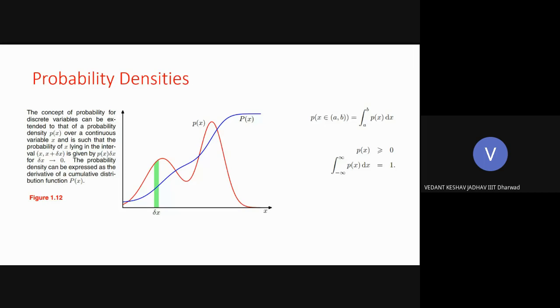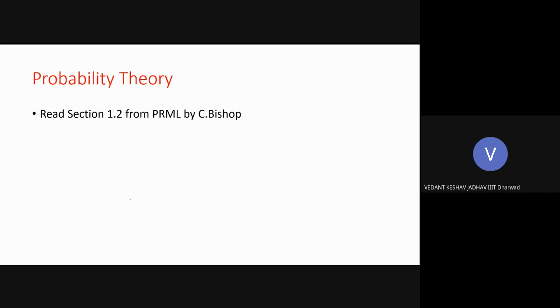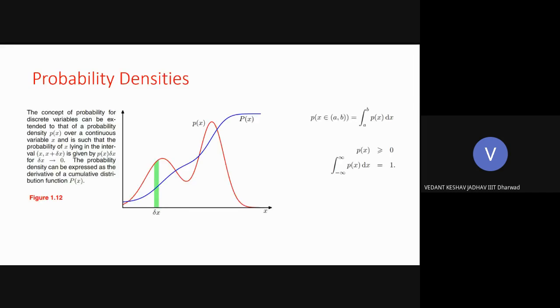So now in this, just go through section 1.2 of PRML by Bishop. Now this is probability densities, and I hope, not hope, I know that you know all these things, and if it is required, I will touch on these parts.